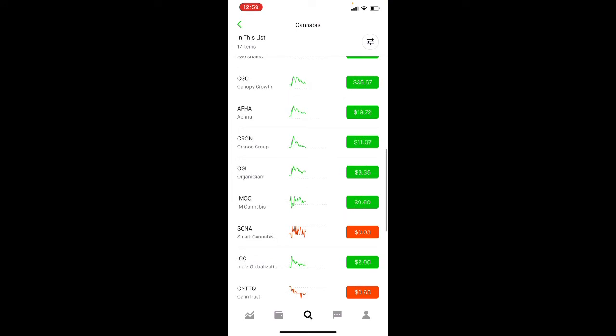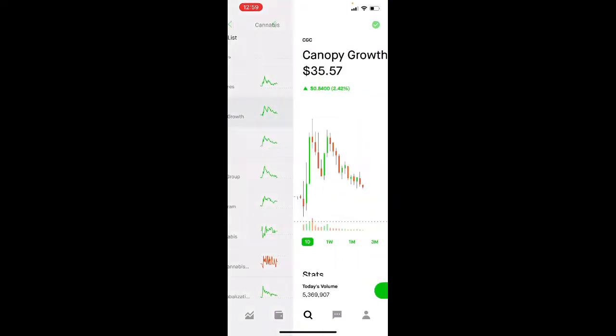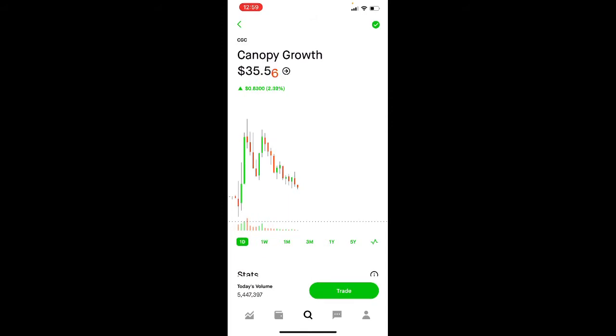I see a stock here, Canopy Growth. What's that all about? So we click on Canopy, and then it brings up the profile of the stock. So we got Canopy Growth. Price is $35.55. You see that 5 just changed because the market is open right now and the stock is actively being traded.